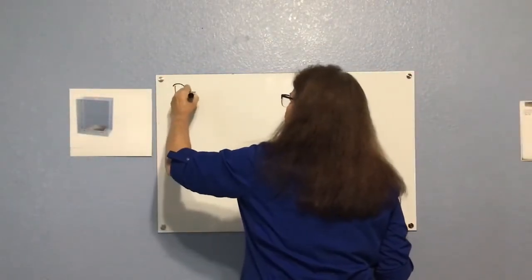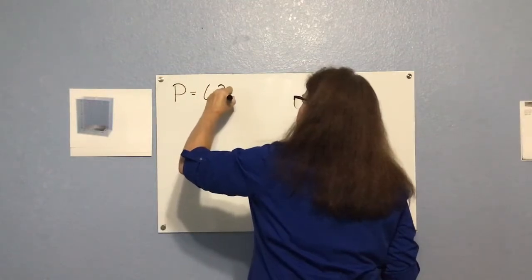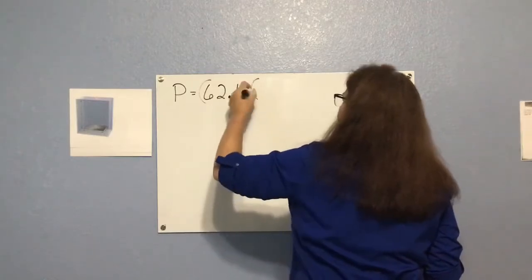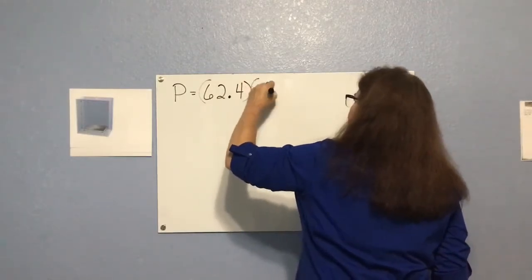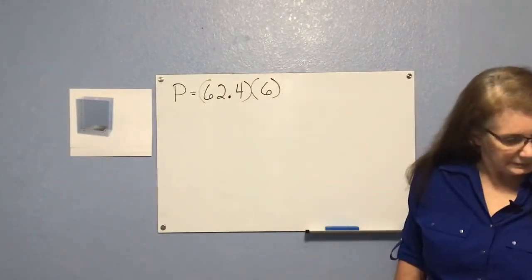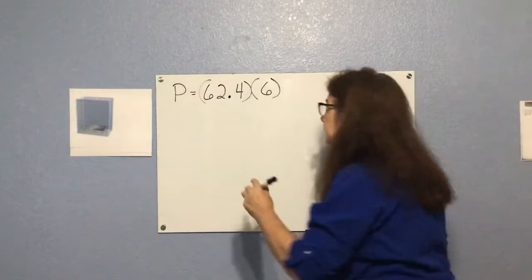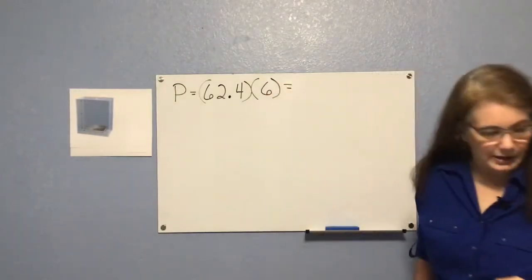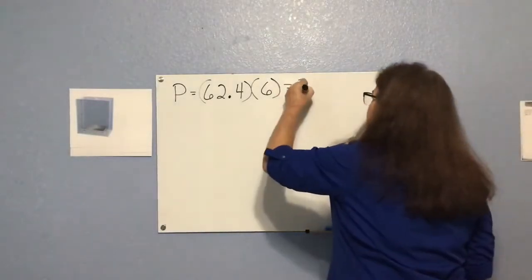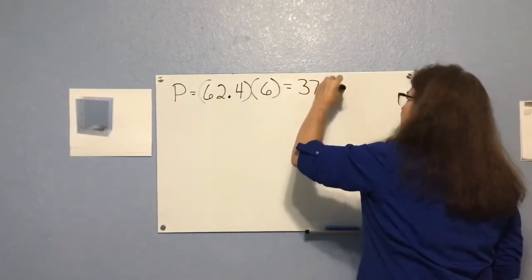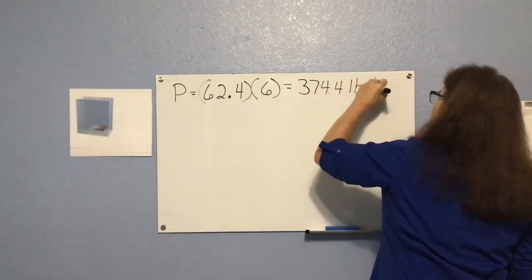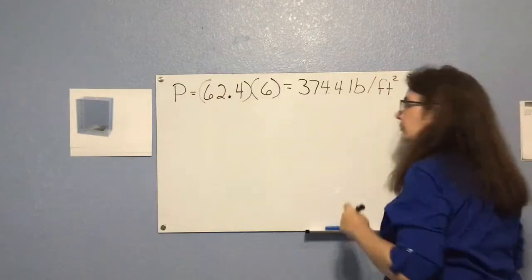So again, we've got P is equal to our 62.4, our density, times 6 feet, since there's 6 feet of water above the plate. And when I multiply this out, I get 374.4 pounds per square foot.